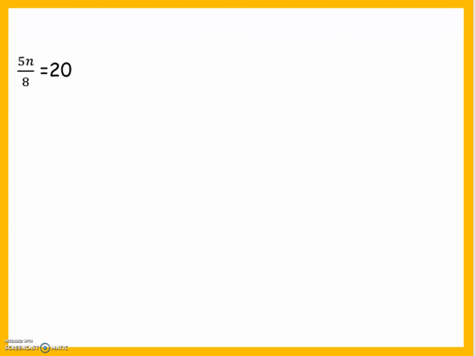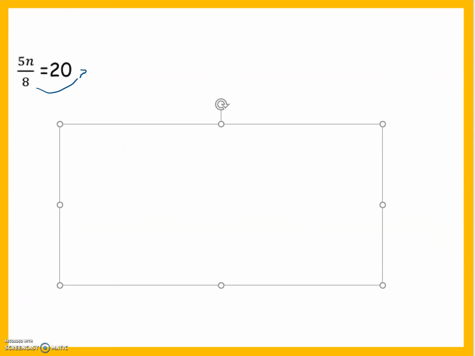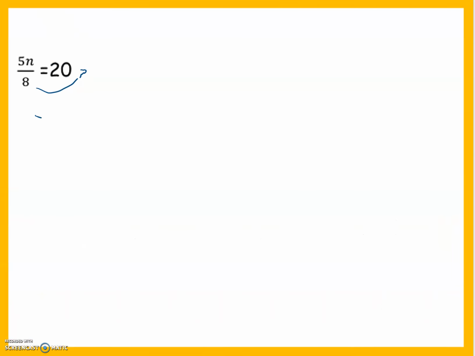5n divided by 8 equal to 20. My 8 is going to go to the numerator on the right side of my equation, and I will have 5n equal to 20 times 8. 5n equal to 160.